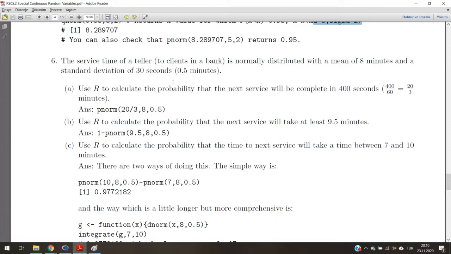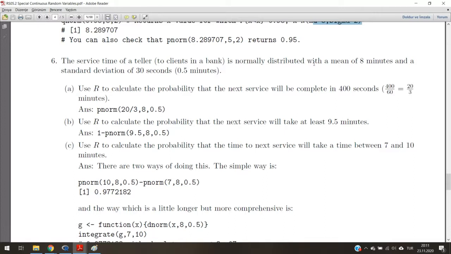So if you go to a bank and when it comes to you to serve, the time the service will take is normally distributed. On the average, a service is complete in 8 minutes. However, because it is random and normally distributed, there's also a standard deviation or scale parameter, which is 30 seconds.